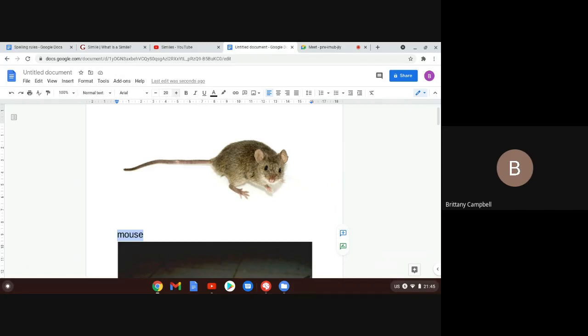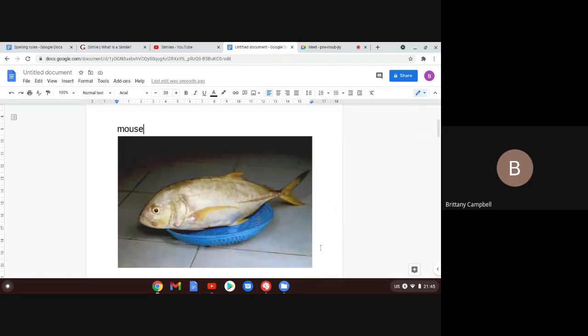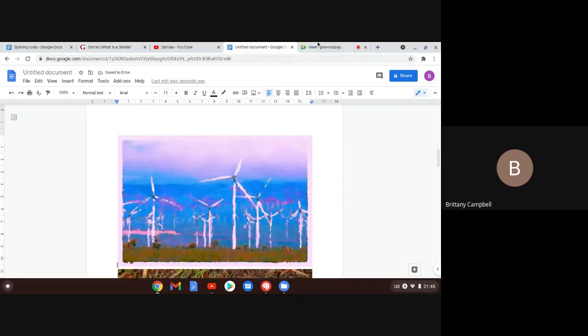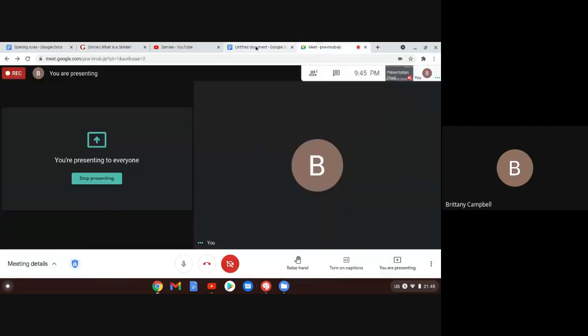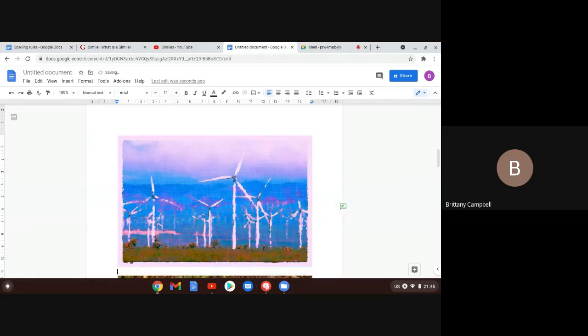That's your mouse there. All right, so look at the second picture. What are you seeing here? All right, fish. That's your fish. How about this one? The third picture here, how about this one?